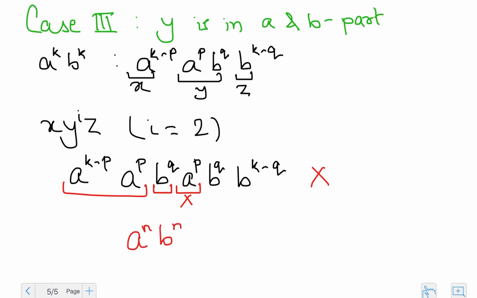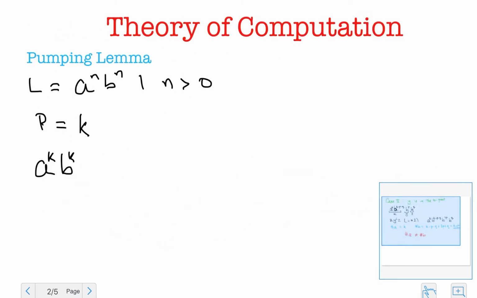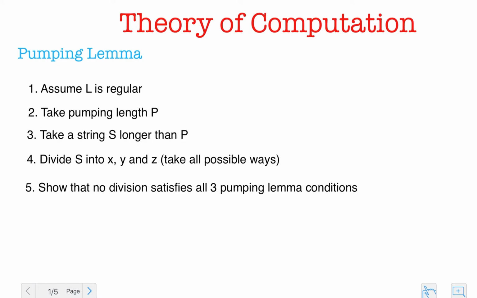So these are all three cases that we have considered, in which we can divide S into x, y, and z. So we have done this step 4 right here, and we have shown that no division actually satisfies all three pumping lemma conditions.